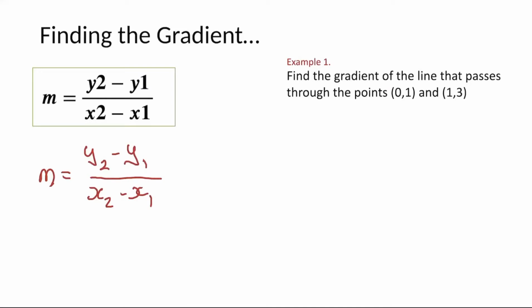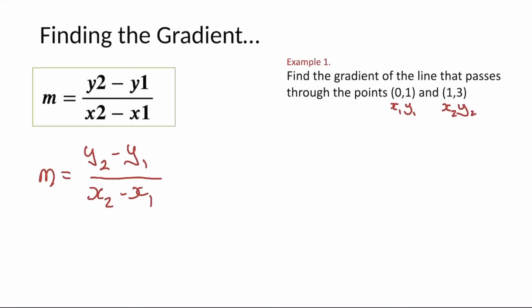Example. Finding the gradient of the line that passes through the points (0, 1) and (1, 3). What we should do first, always, is underneath the (0, 1) and the (1, 3), write x, y and x, y. To decide which one's which doesn't actually matter. So I'm going to make the (0, 1) x1, y1 and the (1, 3) x2, y2.